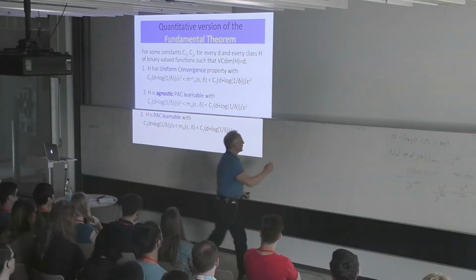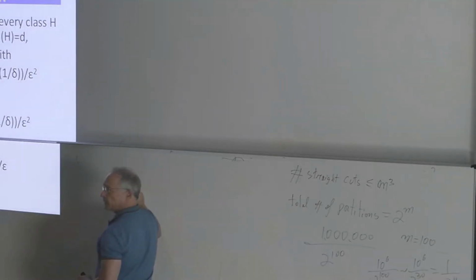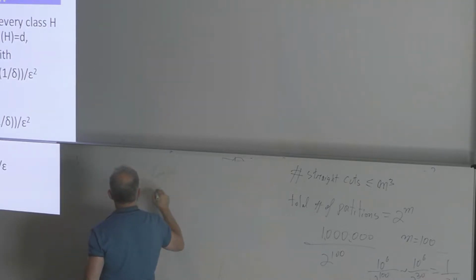If the class is finite, then the number of examples that I need was roughly log of the size of H plus log 1 over delta, divided by epsilon squared.